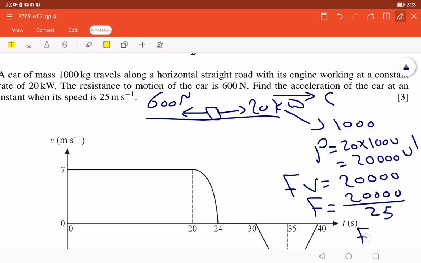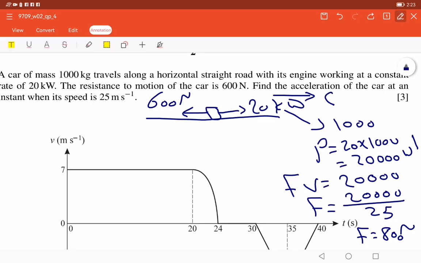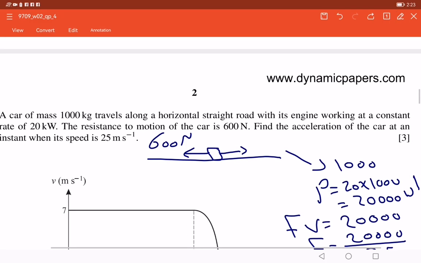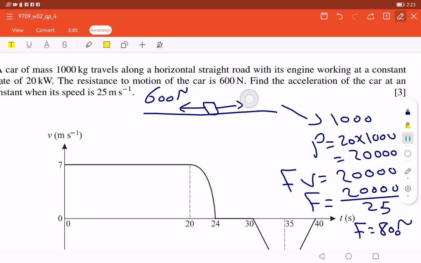So F equals 800 Newton. The force of the car equals 800 Newton.